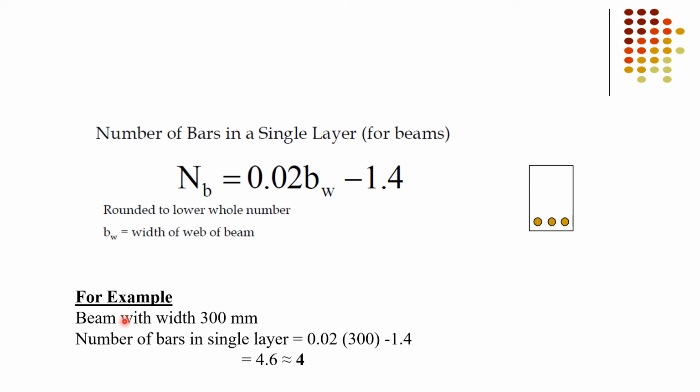For example, for a beam with a width of 300 millimeter, the number of bars in a single layer will be equal to 0.02 into 300 minus 1.4. The answer is 4.6. We have to round it down to 4. It means in a single layer we can provide 4 bars. So that's how the formula is used.